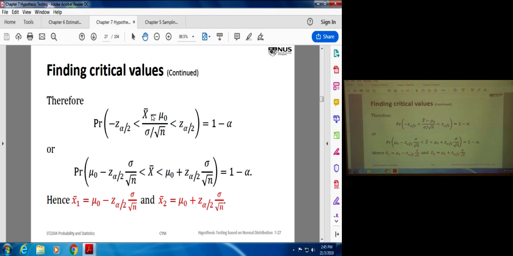If you rearrange this equation, adding mu naught to both sides and multiplying by sigma over root n, then the probability that x bar, which is truly a random variable, lies in this interval is exactly 1 minus alpha. That is to say, if x bar is bigger than this, we reject. If x bar is less than this, we reject, and otherwise we accept. The probability of the type 1 error in this scenario is exactly alpha.